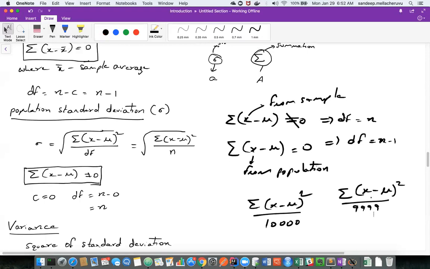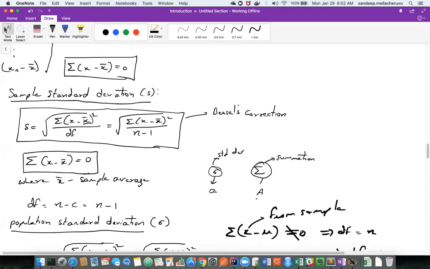But what is the problem in this case? In a sample, normally you'll take maybe 30 samples or 10 samples. So when the sample size is very small, n minus 1 is going to play a bigger role.